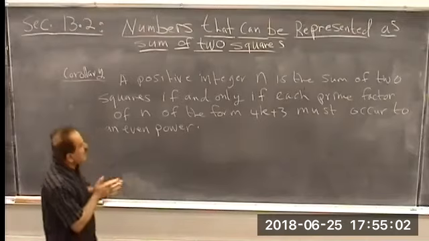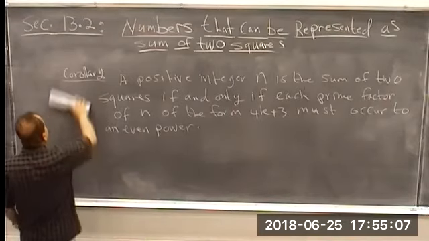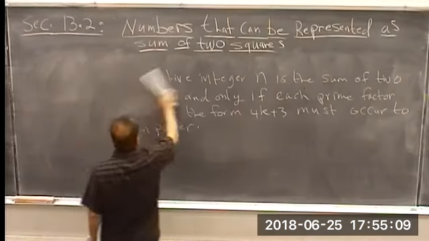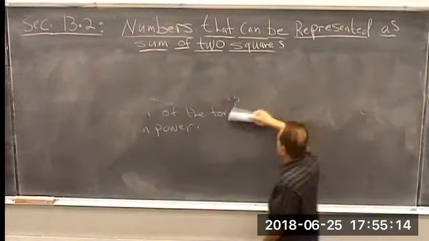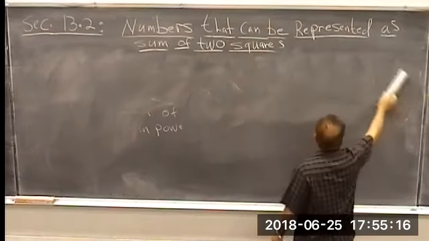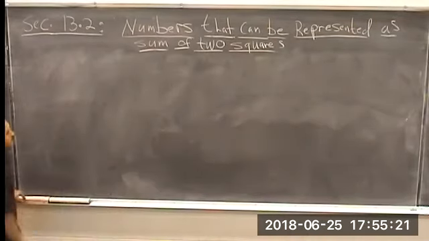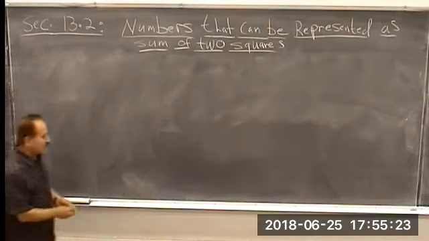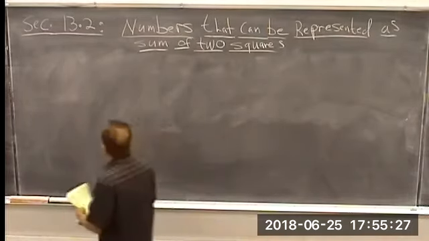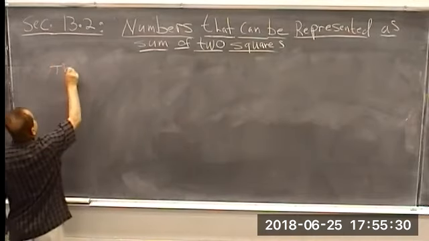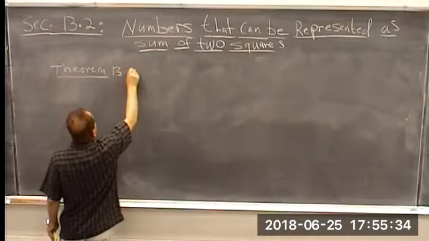All right, the next thing we want to look at is a little interesting. One may ask, how about representing an integer as a difference of two squares? It turns out that we have more integers that can be represented as a difference of two squares than as a sum of two squares. And we have the following theorem, 13.4.